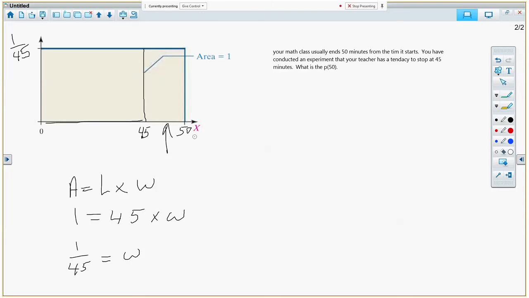The whole concept I want you to get is right here. Area equals length times width. 1, find the height.